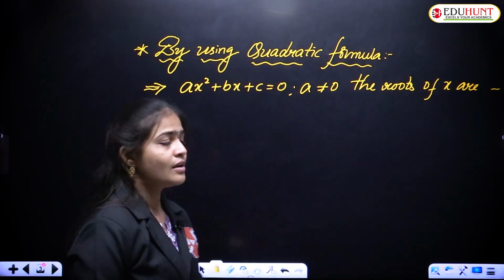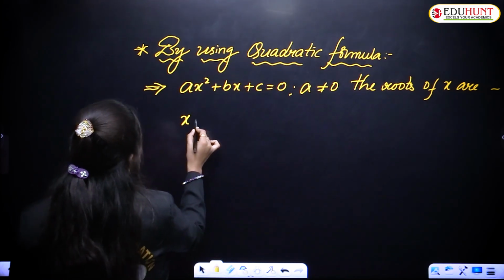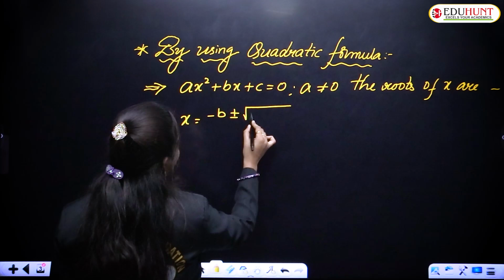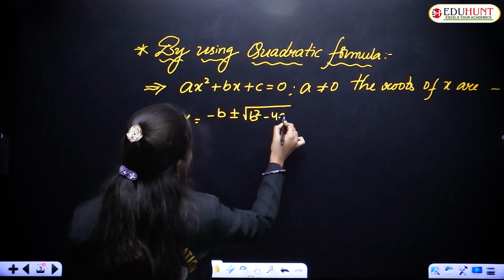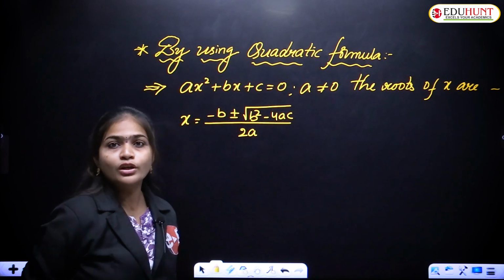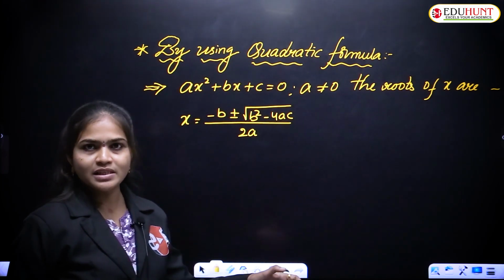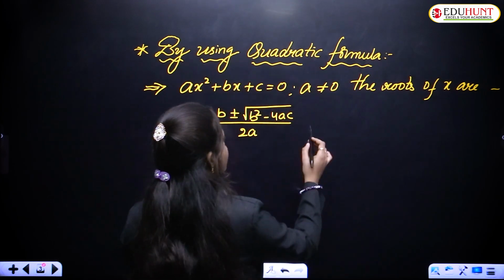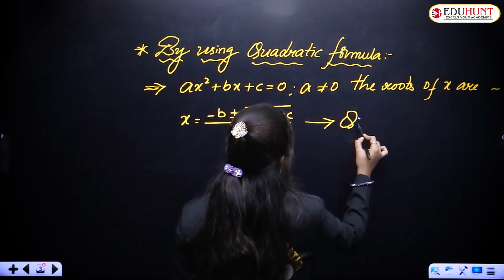We got x is equal to minus b plus or minus square root of b square minus 4ac by 2a. This x value we got from the completing a perfect square method, right? So, this one is the quadratic formula.